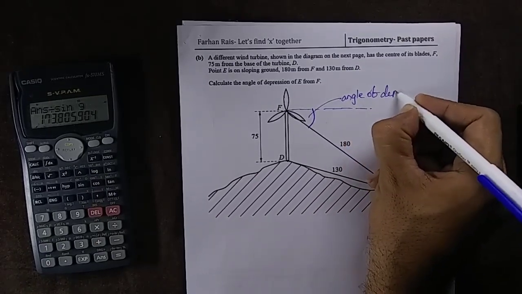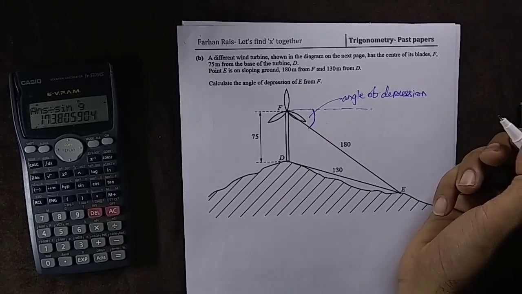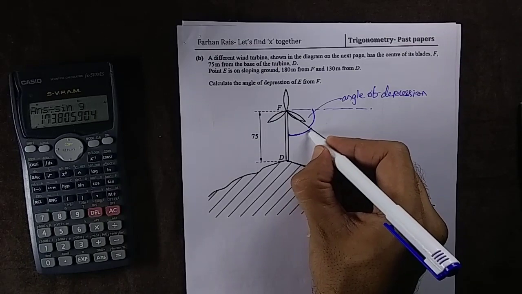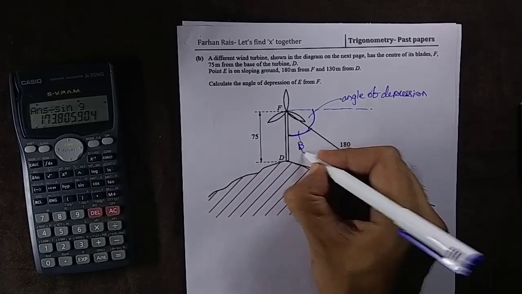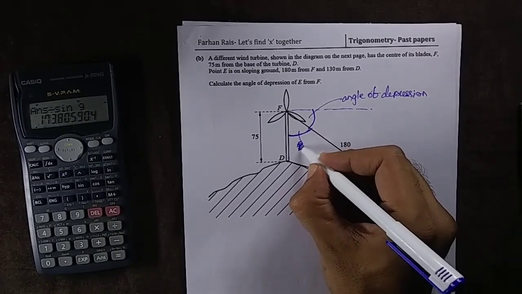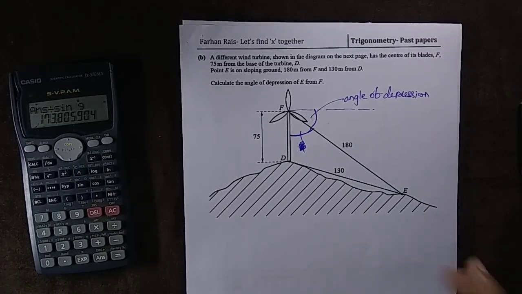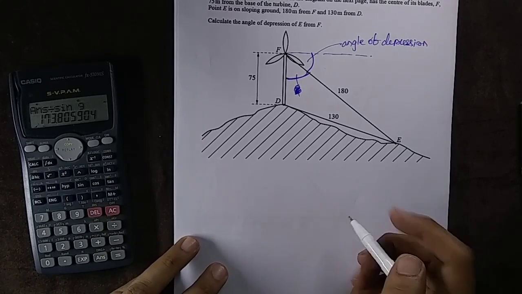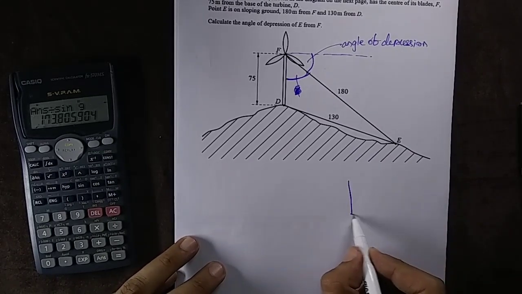Now this angle cannot be calculated directly because it's not a part of any triangle. So to find the angle of depression, first we need to find this angle, right? And I'm naming this angle as beta, or let it be F only for ease, F. So drawing the triangle separately, we can have the figure like this.